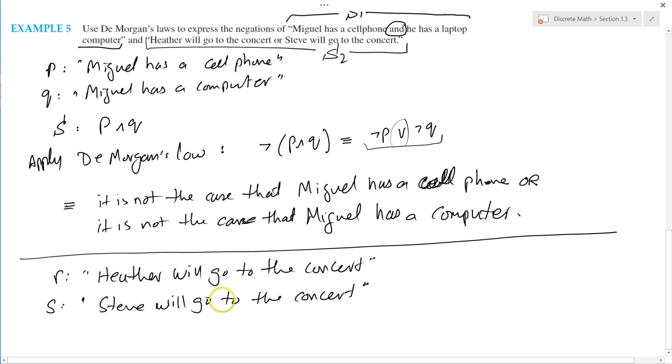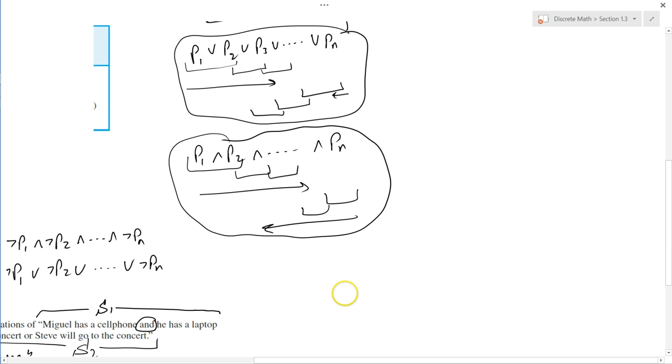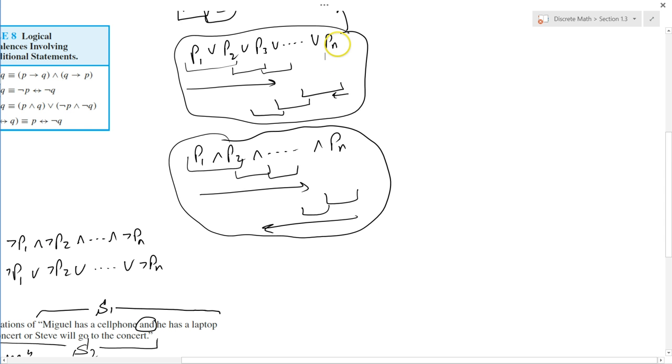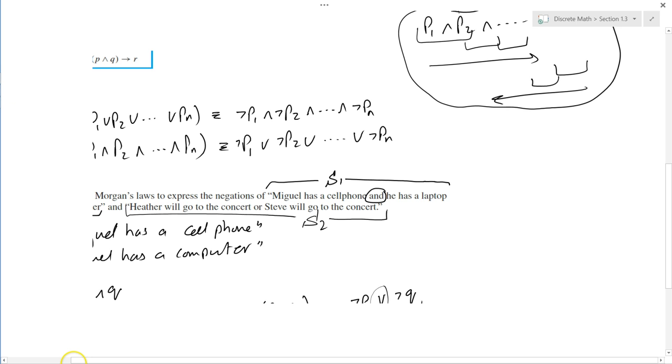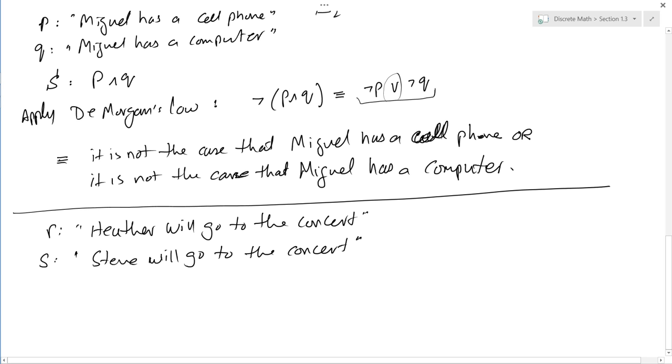So in this case, statement number 2, because we have the OR operator, we can write the statement like so.